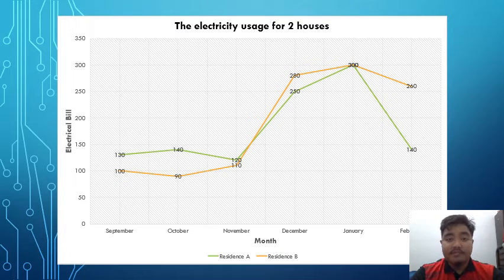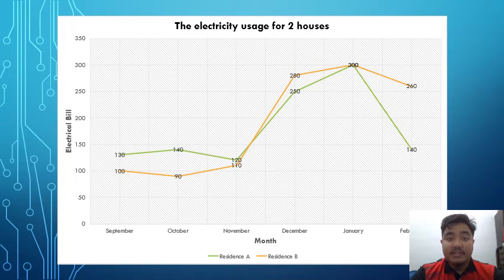Later, in November, due to certain reasons, the bill in resident A fell to 120 and resident B went up to 110. At the end of the year, the electrical bills skyrocketed to 250 for resident A and 280 for resident B. After that, in January, the electrical bills for resident A and B increased to the highest amount and the same number, which is 300.